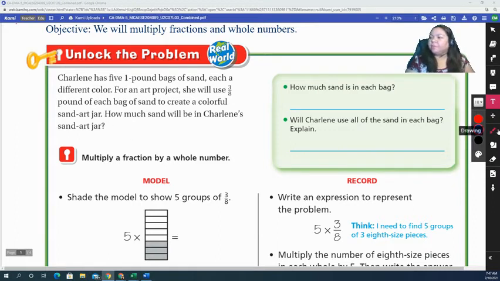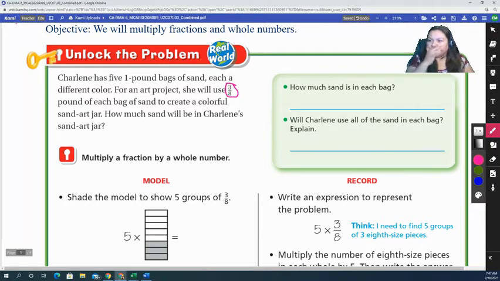Remember, when we have a word problem, we want to circle the important information. So we know that she has 1-pound bags of sand, each a different color. She will use 3/8 of each bag, and she has 3/8 of each color.